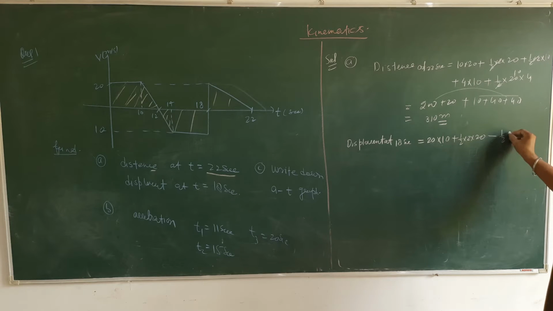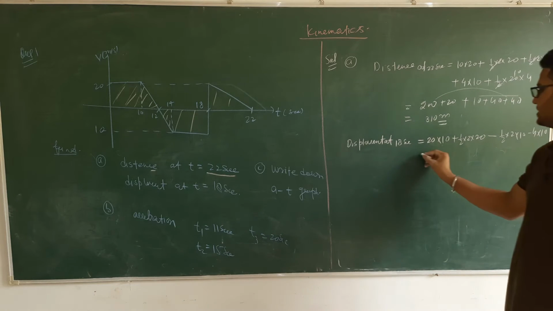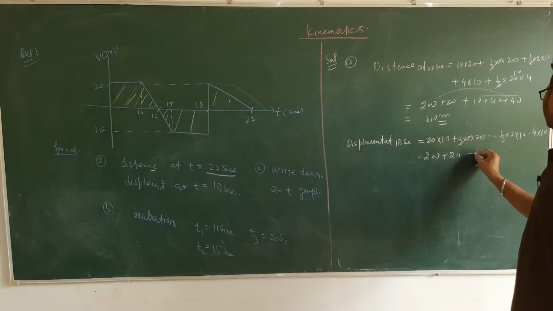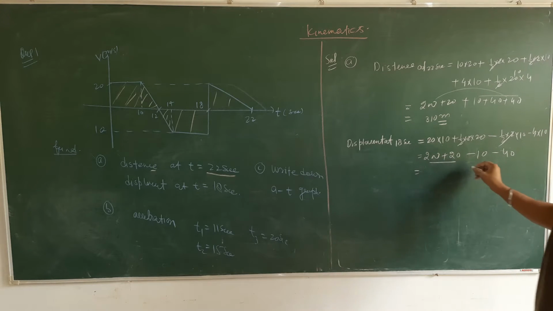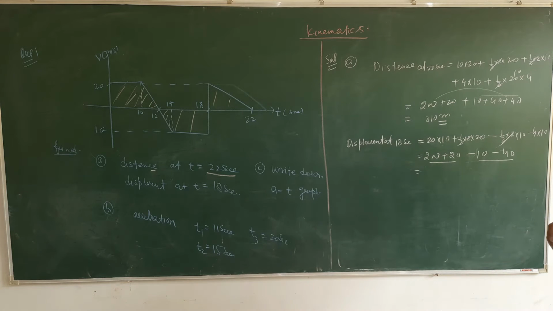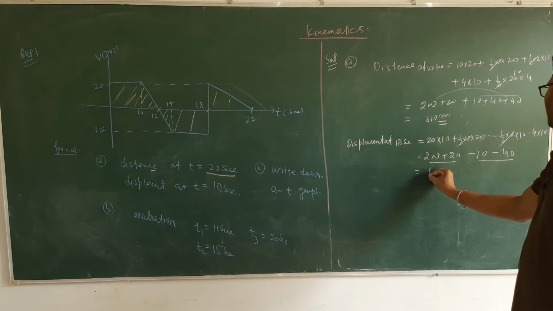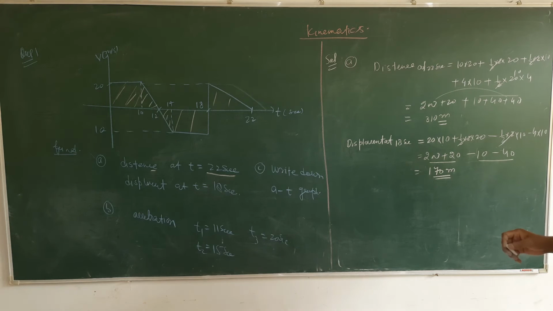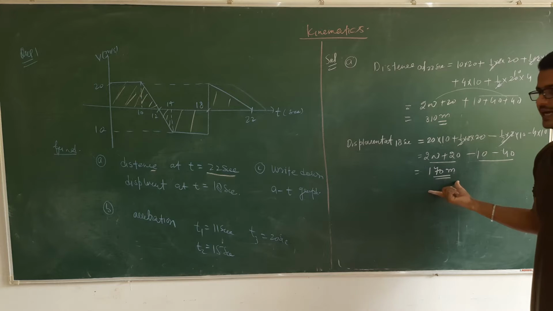Negative area is half into 2 into 10 minus 4 into 10. Okay beta, so what is this? This is 200 and this is plus 20 and this one is minus 10, this one is minus 40. So here is 220 minus 50. Okay, so 220 minus 50 is equal to 170 meter. Okay beta, so this way we can calculate the displacement at 18 second.